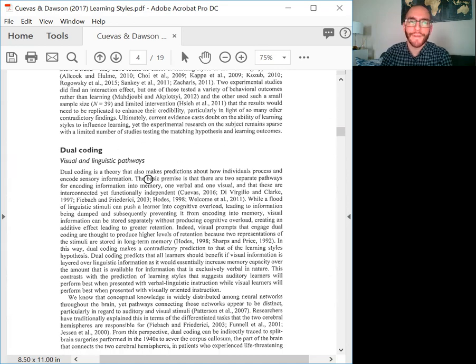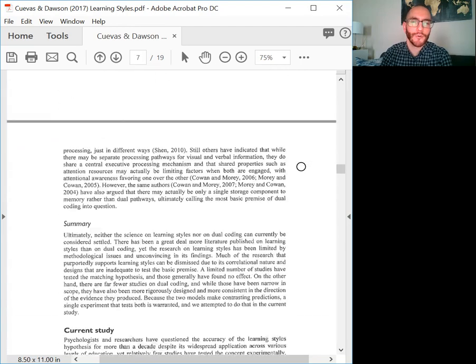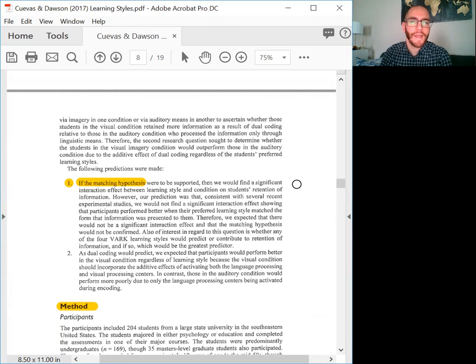Don't worry about reading this next section about dual coding. And instead then just move on to the end of the introduction where the researchers present an overview of the current study. Paying special attention here to this first hypothesis.